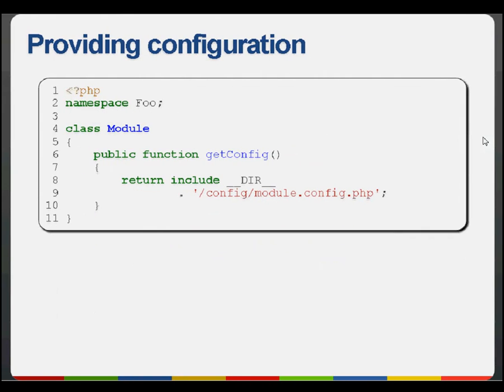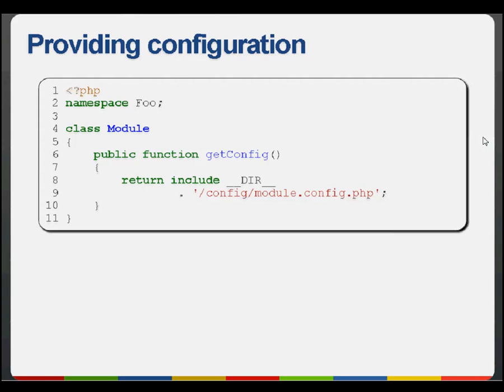Now, configuration is slightly different. We're going to see a lot of examples of configuration as we go. But typically, all you want to do is return an array or an iterator that you can pass to the config class. What's going to happen is that this will then get merged with other configuration.